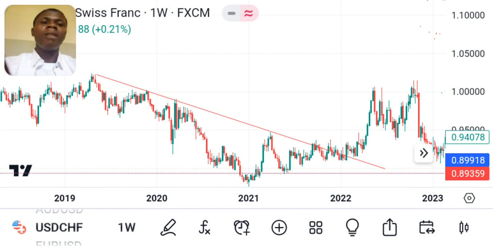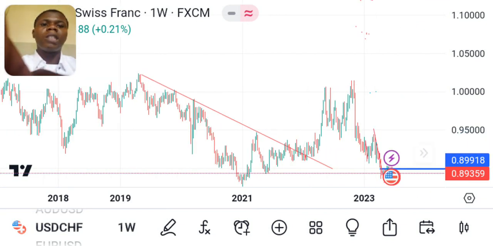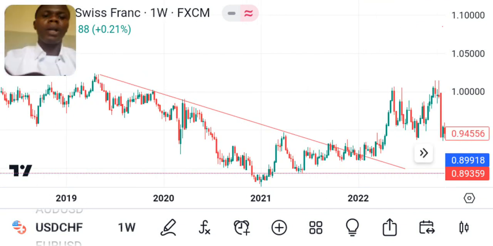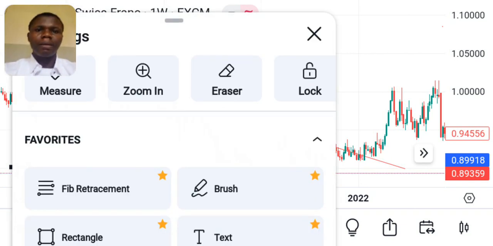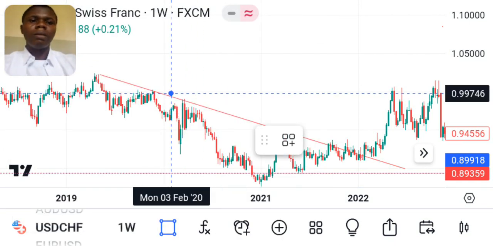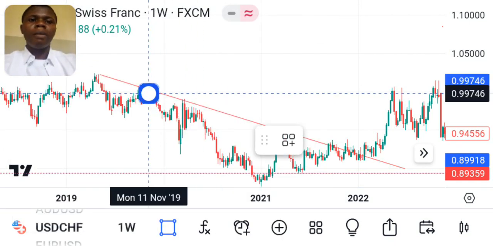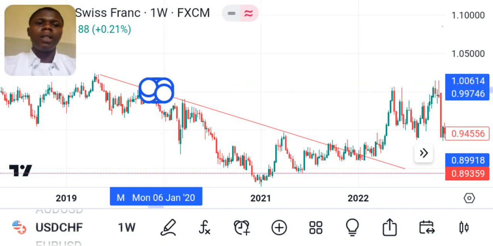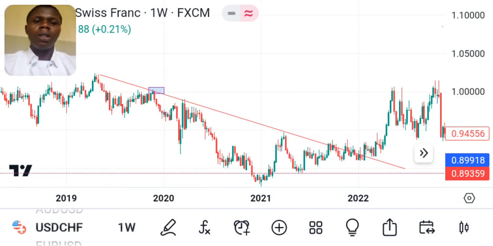Now, for us to understand the smart money concept, I talked about the major swing points, and let me identify them, like this trend line here. Okay, this is a major swing point. That's one.